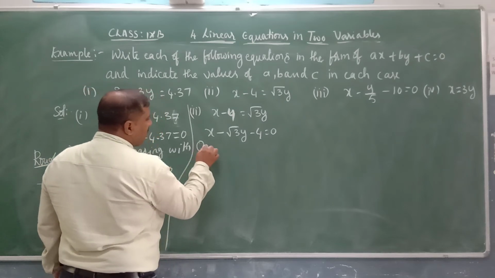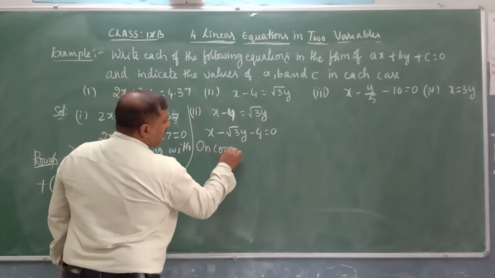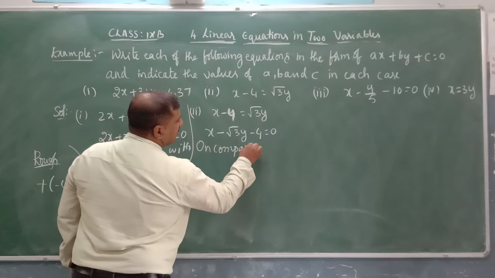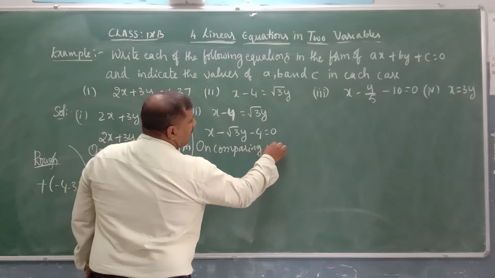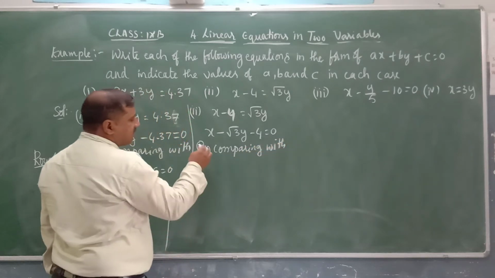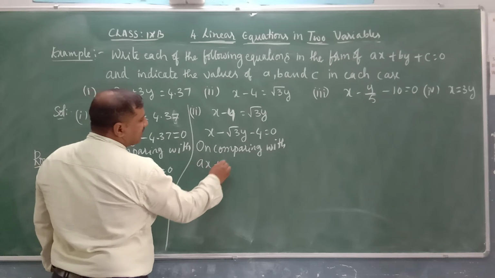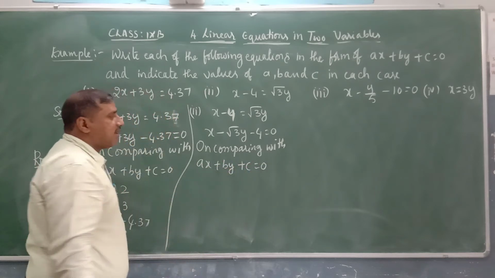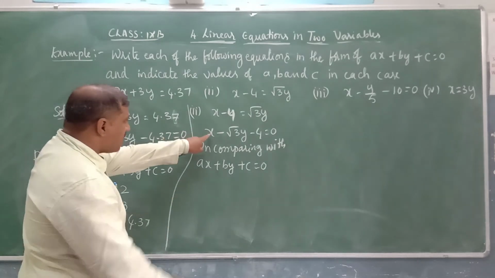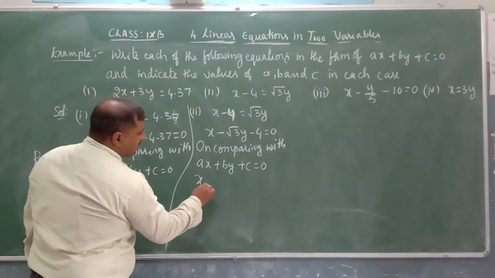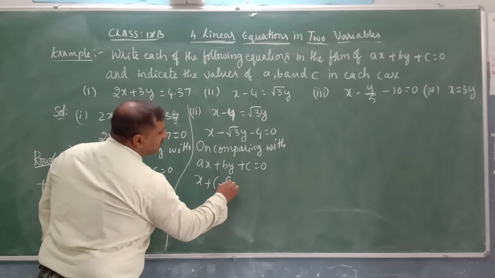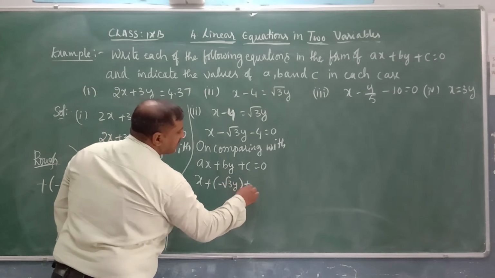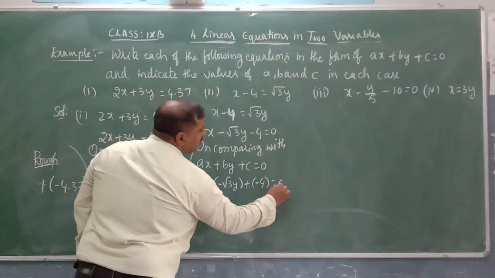Again we compare with ax plus by plus c is equal to 0. This we can also write as x plus minus root 3y plus minus 4 is equal to 0.